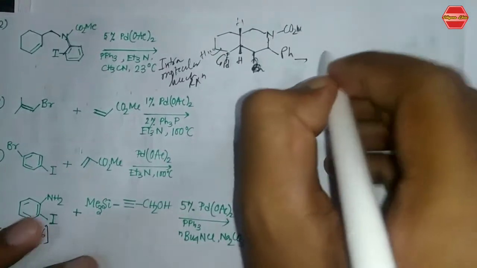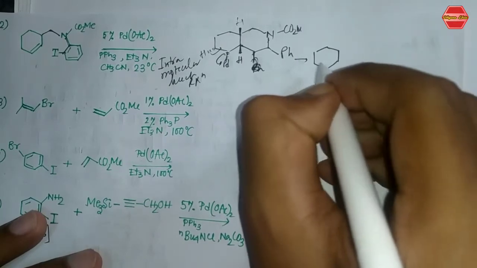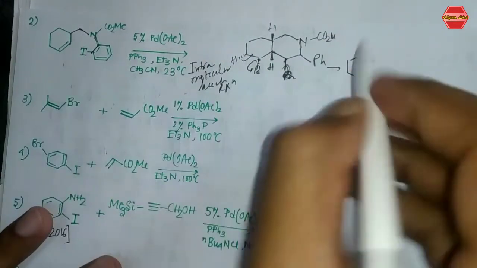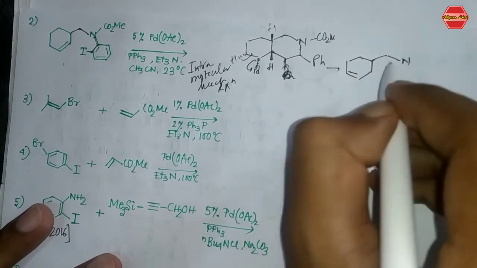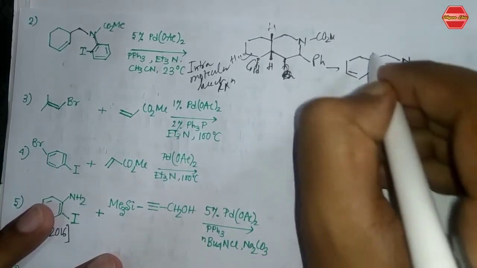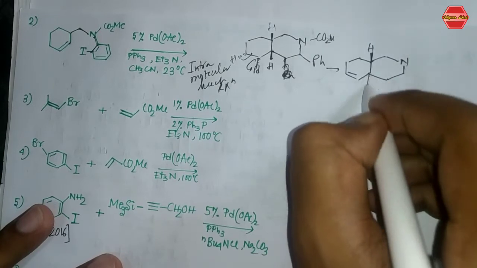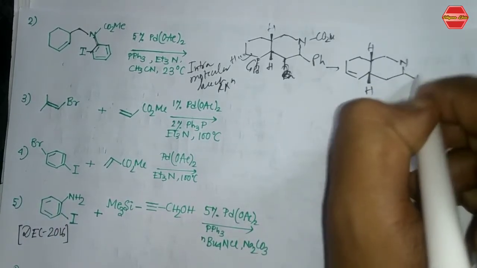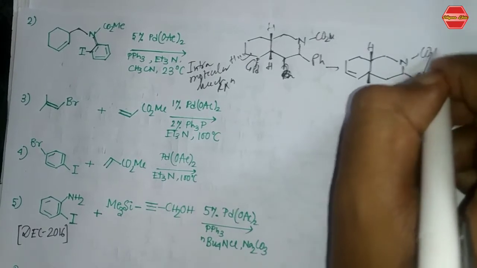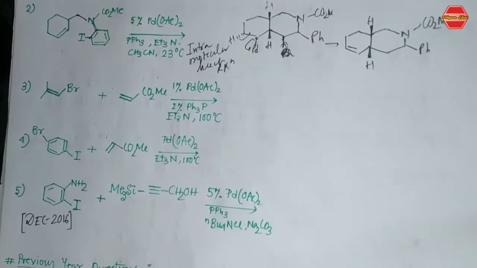And finally the product that you get from this reaction is this one, that is the alkene is transformed from here to here, and the final product that you get is this one, right? So this is our final product from this reaction. So this is our major product from this reaction.